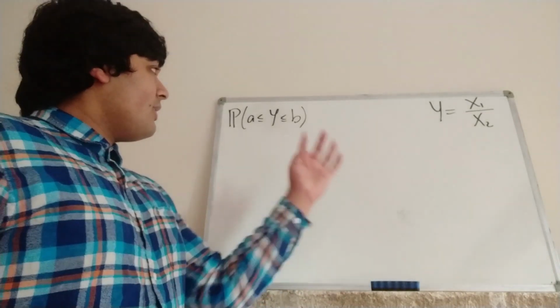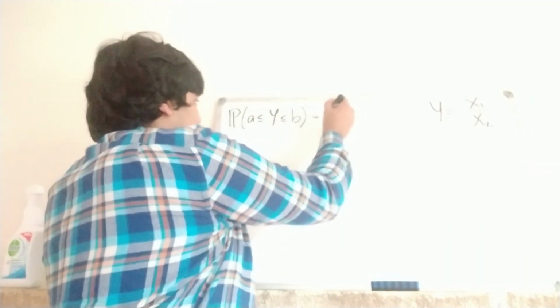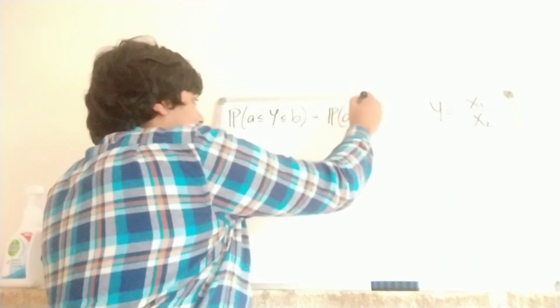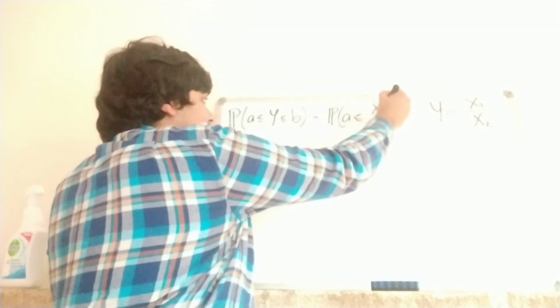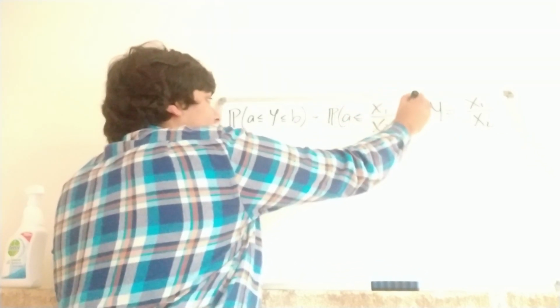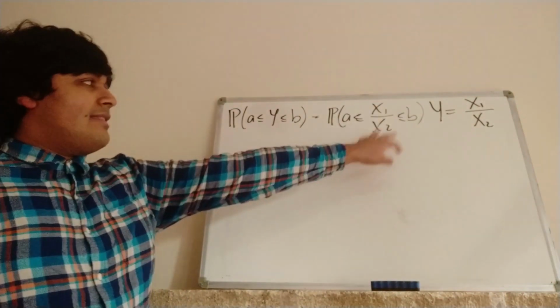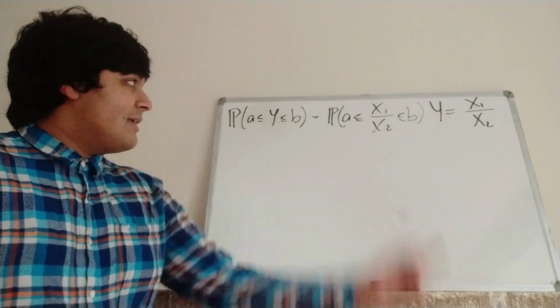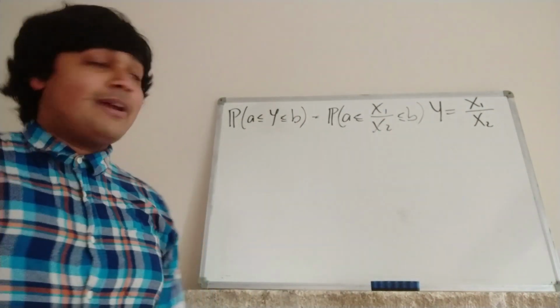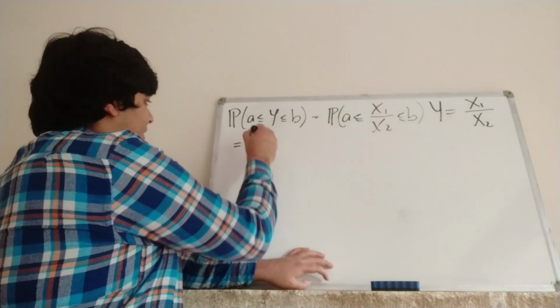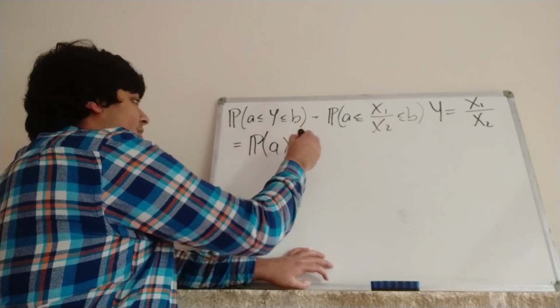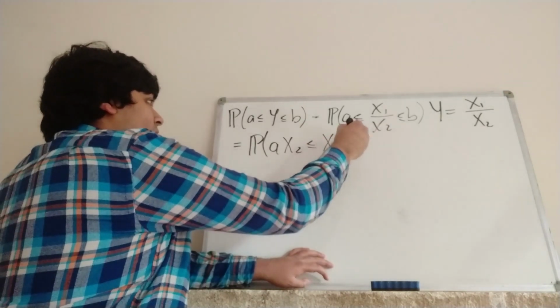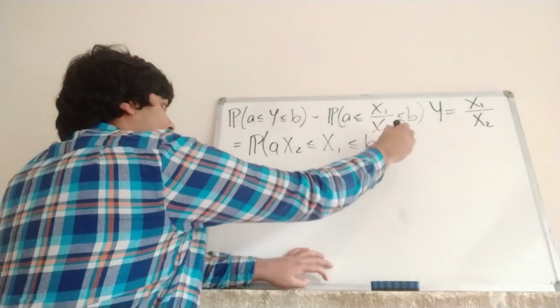Okay, well let's just write this thing here as a probability that a is less than or equal to x1 over x2, and then that thing has to be less than or equal to b. Then of course we can just multiply this inequality through by x2. So this is equal to the probability that a x2 is less than or equal to x1, which is less than or equal to b x2.